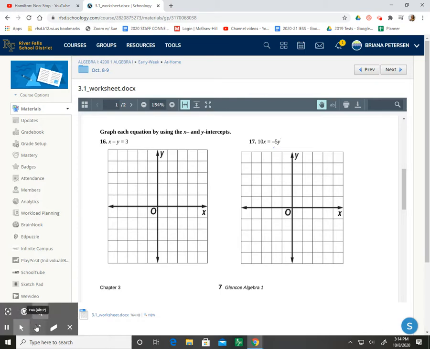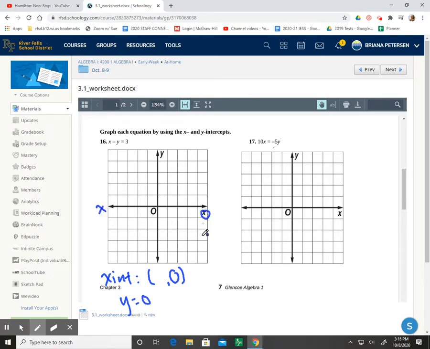Remember when we talked about x and y intercepts on Zoom, we said that for the x-intercept, it's a point where the y is always 0, because our x-intercept is on our x-axis.